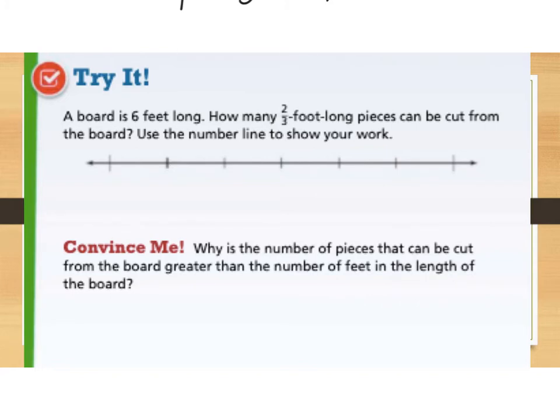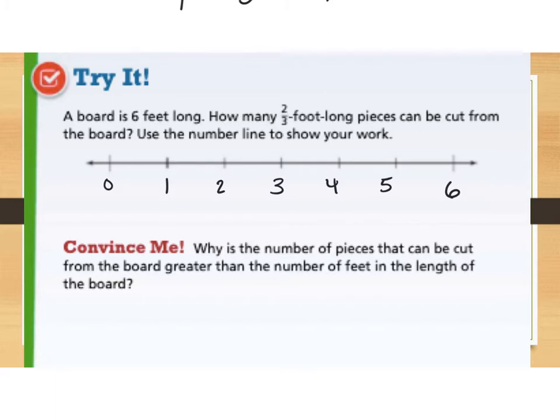Now, what we need to do is we need to cut this board into equal parts. So we have 1 foot, 2 foot, 3, 4, 5, 6. Now we are going to cut this into 2/3 foot long pieces.